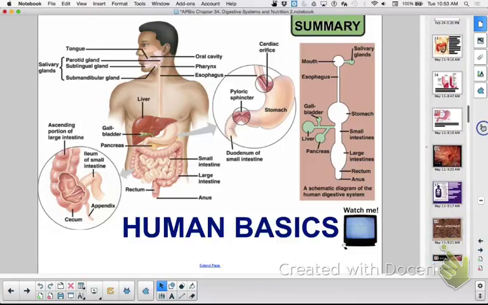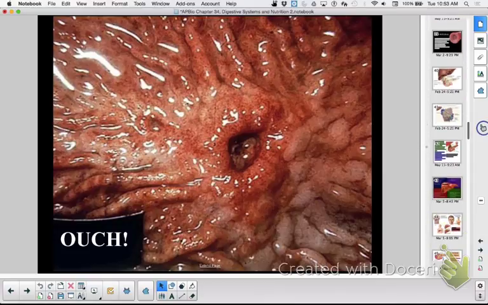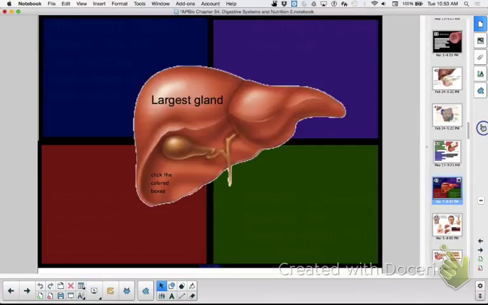You find your liver. Oh, here's ulcers. We were talking about ulcers. Okay.